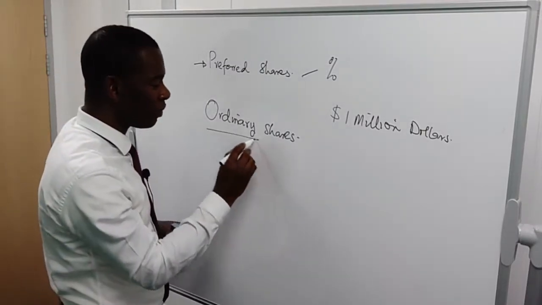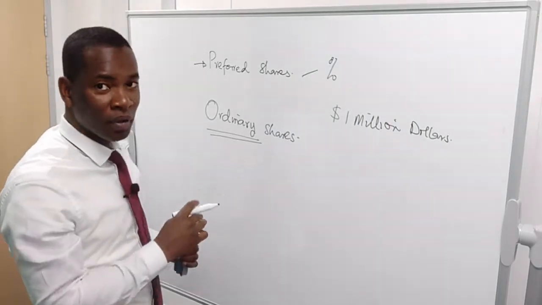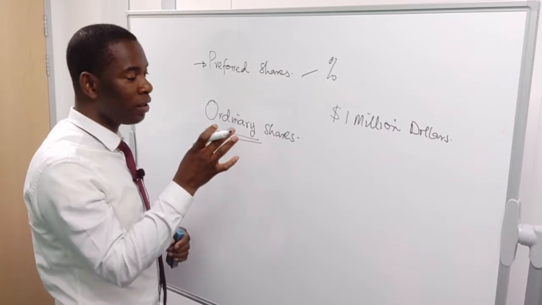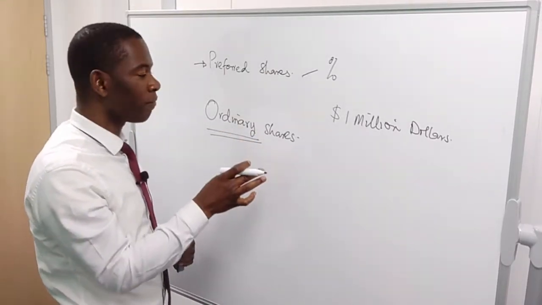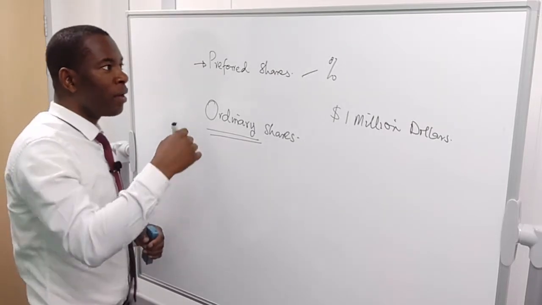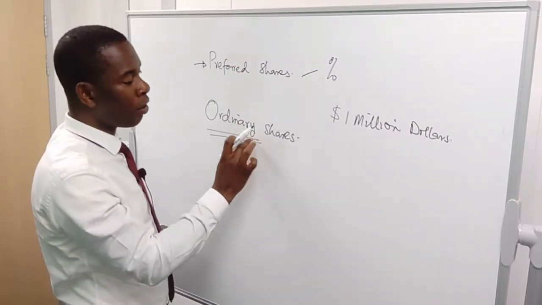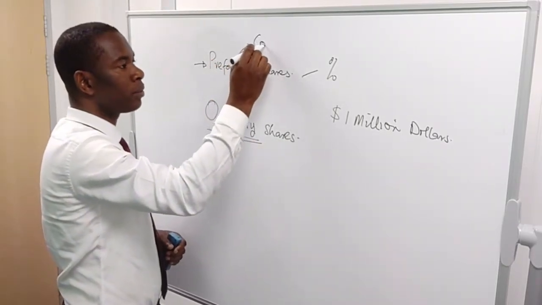Let this name not deceive you. There is nothing ordinary about this. This is actually for those who own the companies. So some of these shares can become ordinary shares if they are convertible.